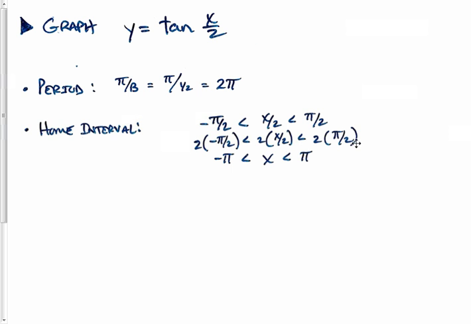And as we multiply through by 2, we'll get negative pi is less than x is less than pi. So our home interval here is between negative pi and pi, as opposed to negative pi over 2 and pi over 2. And you notice there's 2 pi units between these two endpoints. It's at these endpoints that we're going to have our vertical asymptotes.